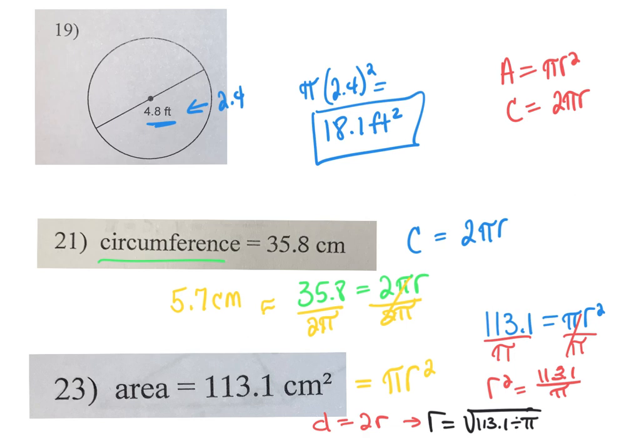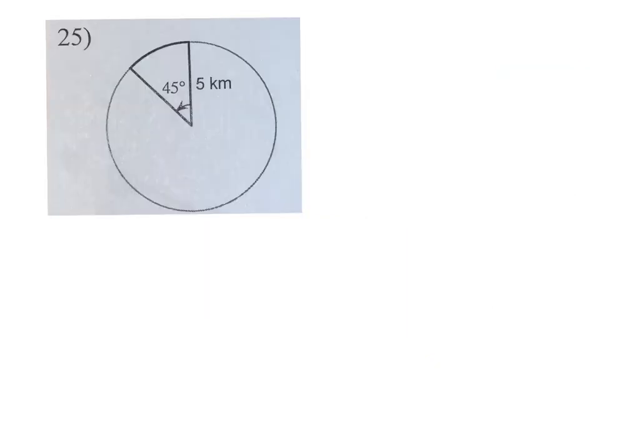The last thing we did are sectors. We actually did segments, but I didn't put any segments where you have to subtract them back out. You just have to do the sectors on the quiz. You'll have segments on your test. But for this, remember your formula here. The area of a sector is going to be your angle, whatever that is, over 360 times your area formula, pi r squared.